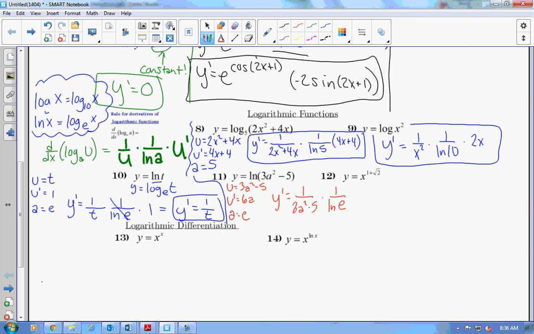Natural log e again is 1 times 6a. So y prime, some people combine them, which you can totally do, or you can keep them separate as 1 over 3a squared minus 5 times 6a.